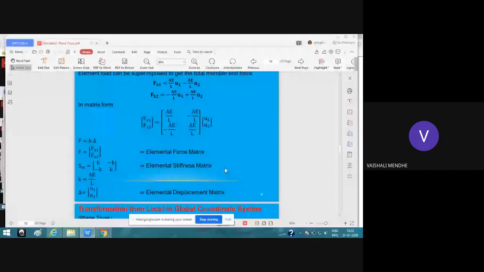This K is nothing but the stiffness coefficient. This SM matrix is to be used for the analysis of truss.